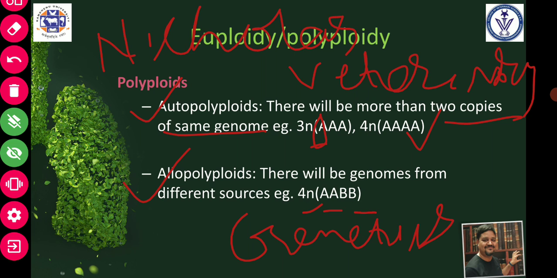So go to the library and try to find the book Veterinary Genetics by Nicholas. In that book you may get the examples of these chromosomal aberrations in animals.